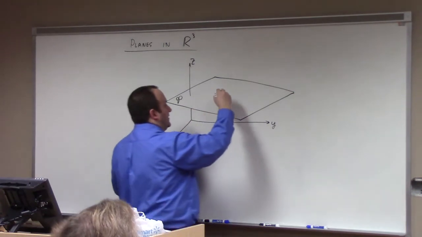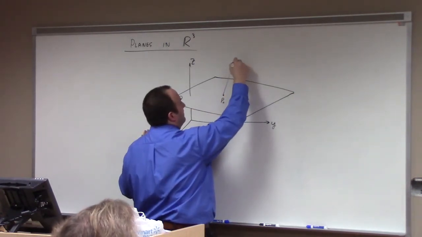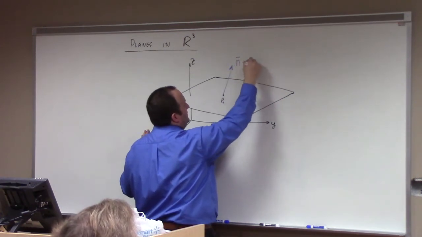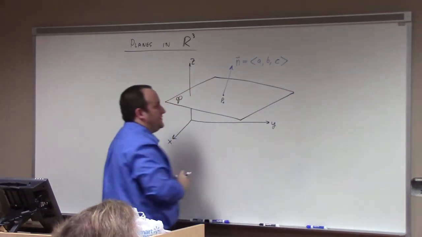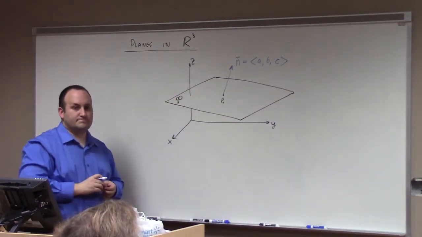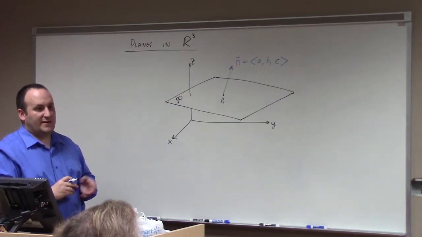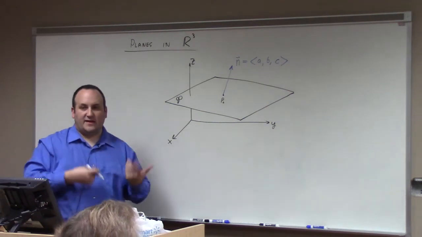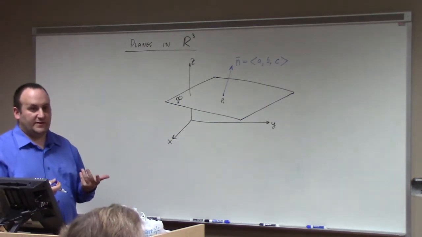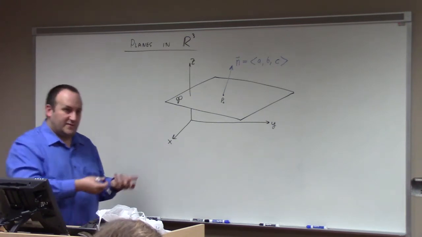So here's my rough picture of that, the normal. And we could use A, B, C. In fact, we generally do that, A, B, C for the normal to the plane. I'm talking to you as if you have some existing understanding of this word normal in terms of geometry. That may or may not be true. Don't worry, I will give you an algebraic definition very soon.